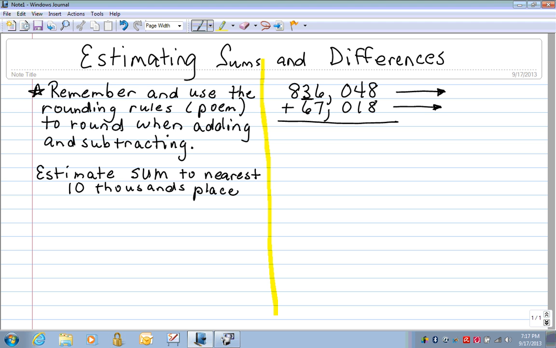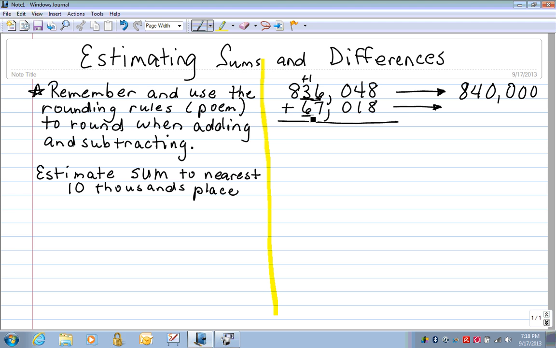I find my 10,000s place. I look next door. It's 5 or greater. So I add one more. That makes this 8, 4, and zeros for all the rest are 840,000. Let's look at our next number.